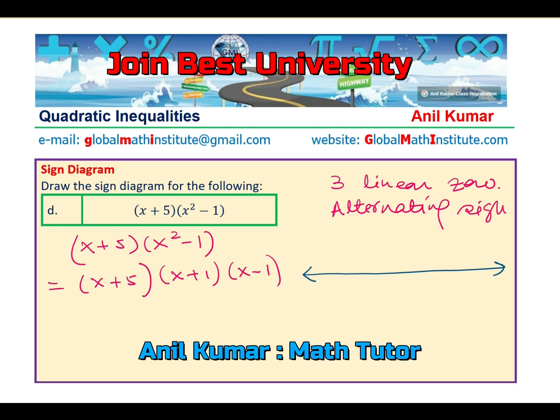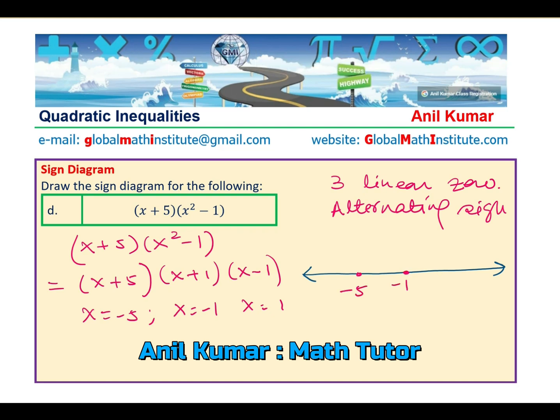Let's mark the zeros here. The zeros are at x equals to minus 5, x equals to minus 1, and x equals to 1. So let's say this is our minus 5. This is minus 1. Here we're just writing 0. And on the right side we have 1. So we have four intervals. Now let's take a test point.